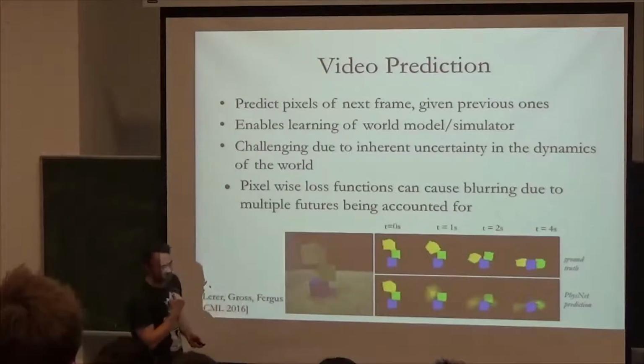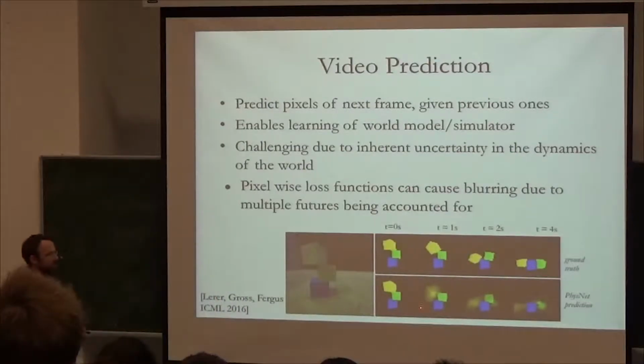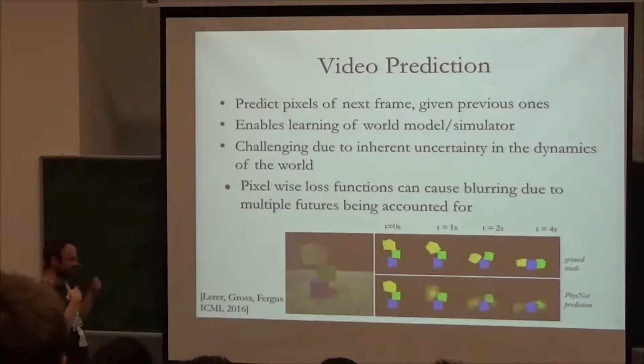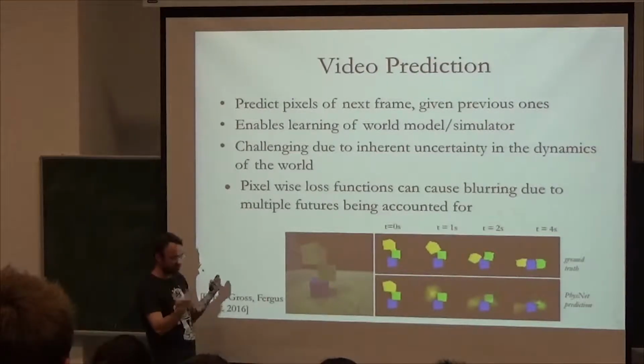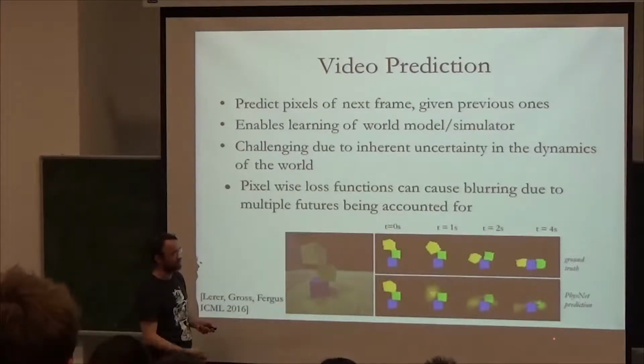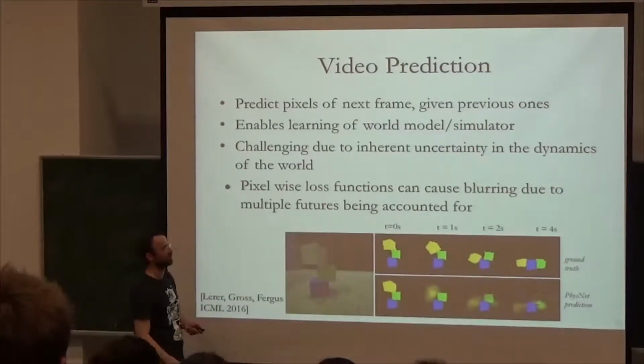Okay, so that's purely supervised training there, because you can generate the future in the simulator and then just try and copy it with the deep net. Okay, so ideally you would want something like this that you can learn without having to have a simulator and simulate everything. You'd like to be able to learn such a model just by watching a video or something like that.